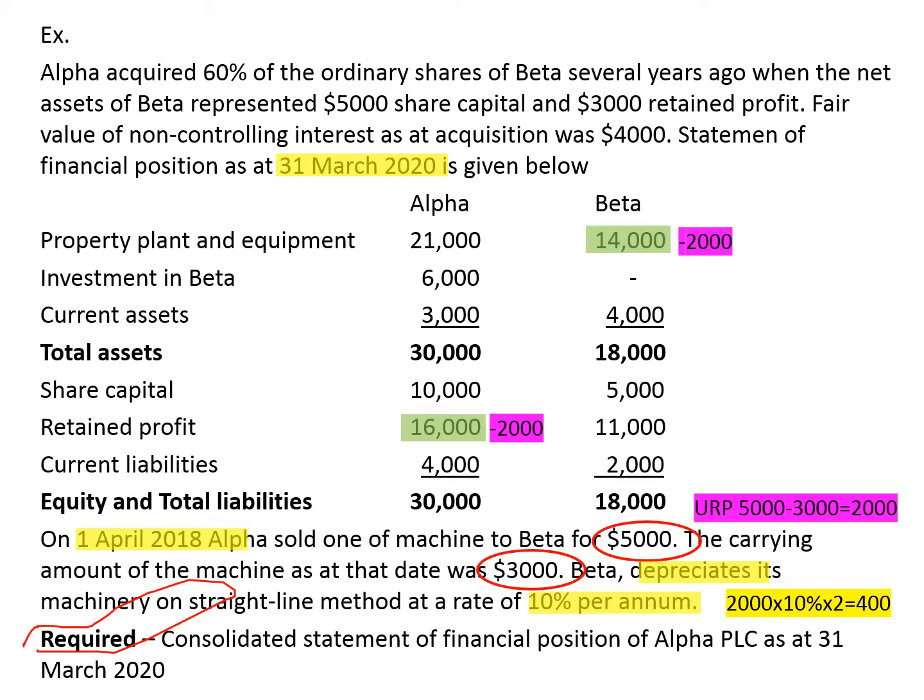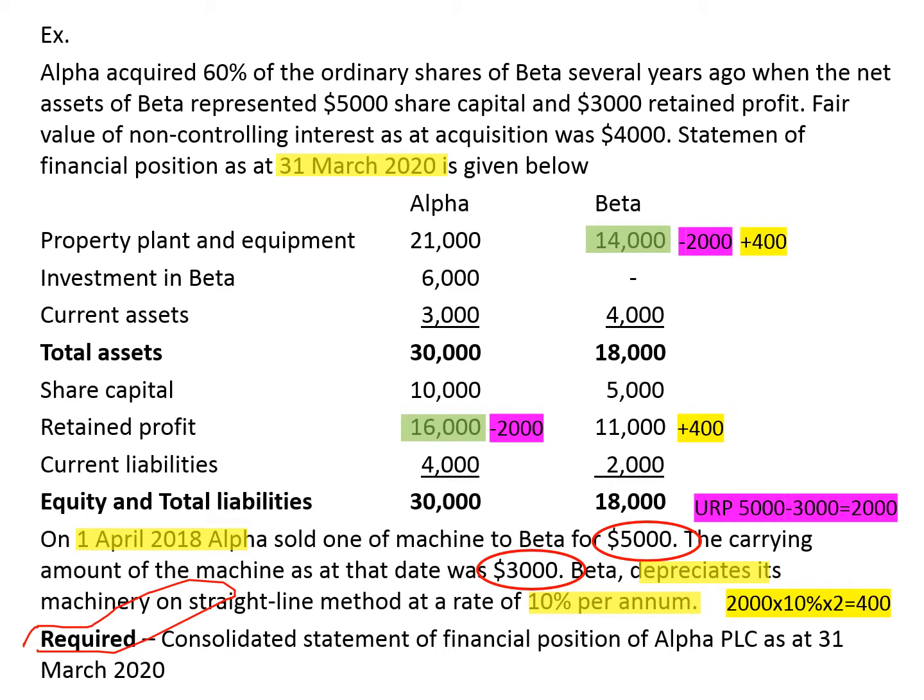So Beta's retained profit has been debited or charged by 400, so this should be reversed. So we can add this 400 to property, plant and equipment, and Beta's retained profit 400. So this is the adjustment we need to make with regards to this intercompany sale of asset with a profit and result in adjustment for depreciation.